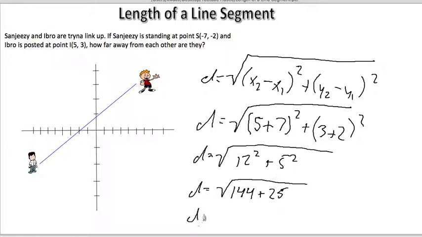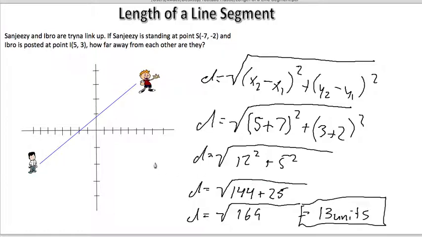Then we get the square root of 169, and that equals 13. 13 what? There's nothing given in the question, so we can just say 13 units. Always put units, fam. You don't want to get deducted marks for the units. Box your final answer, and there's the answer.